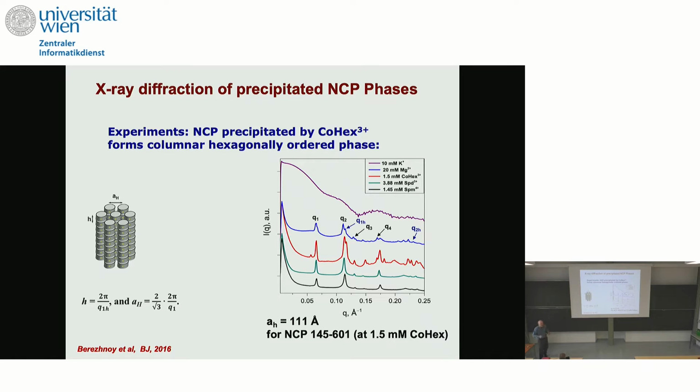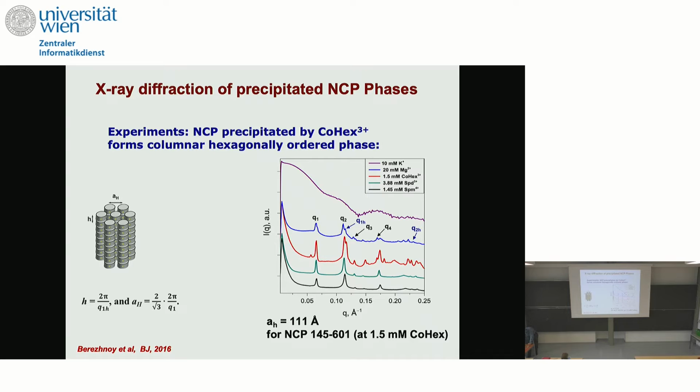The way you do it is X-ray diffraction studies using a small angle X-ray scattering beamline, and then you get these Bragg peaks, which can be annotated and tell you what kind of phase you have and the distances between the nucleosomes in the columns and between them in the hexagonal phase.